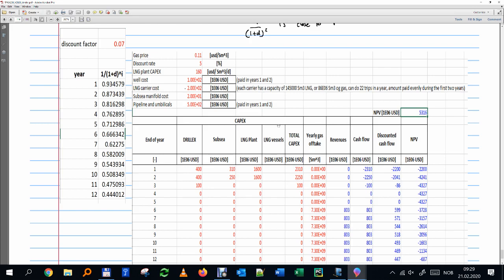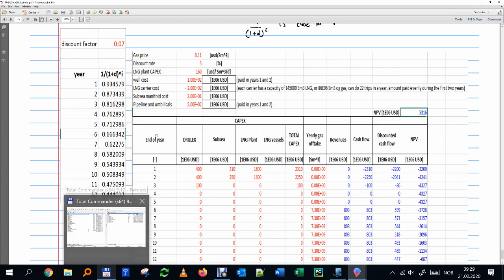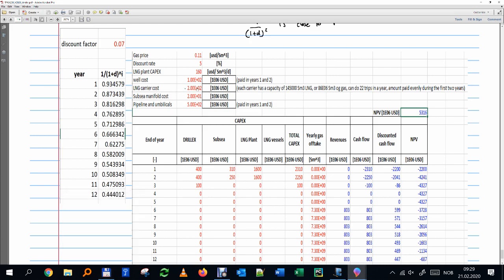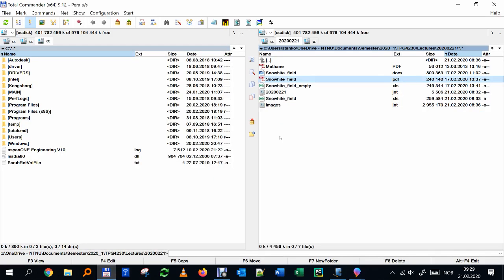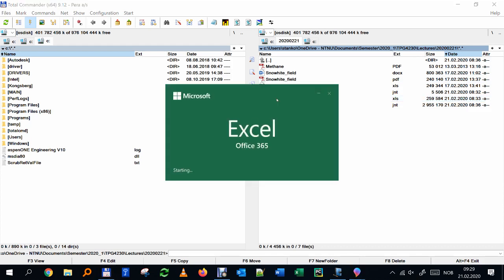Yes, the LNG vessels, we didn't do it last time, we neglected, but we said each LNG carrier can carry some amount of gas, and can do 22 trips. So let me open the file. I think I did it after class last time.